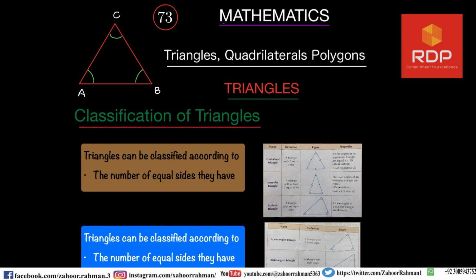Number two, solve problems involving the properties of triangles, special quadrilaterals, and polygons.